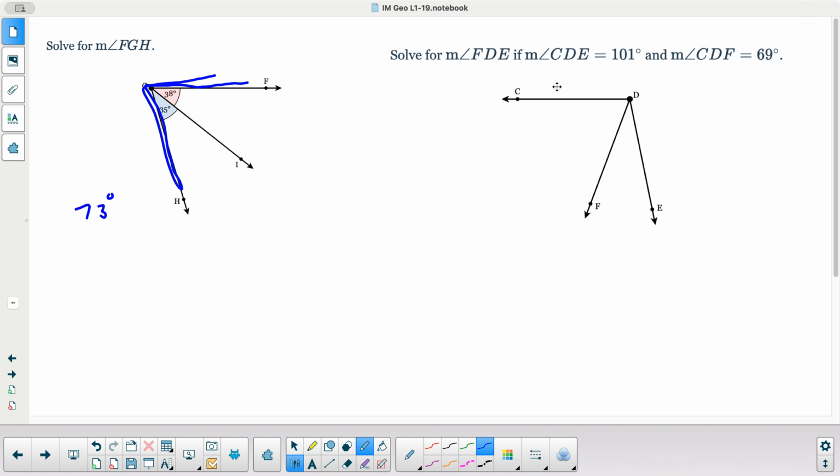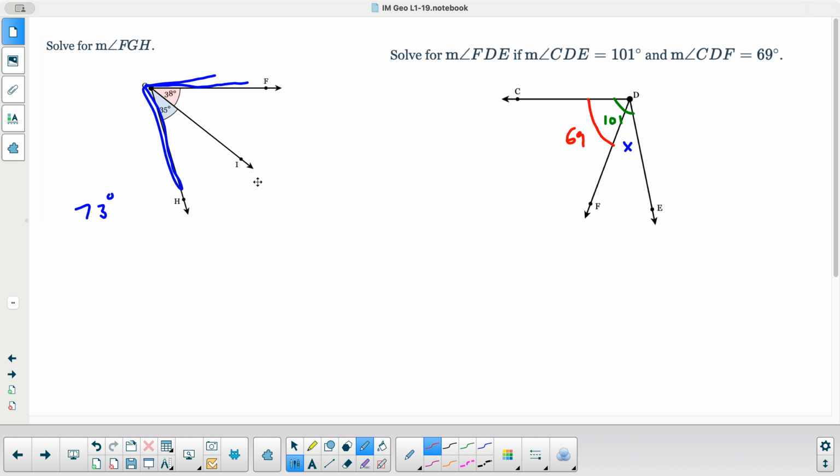And then come over here, the measure of angle FDE is what we want. I'm going to put a little X in here. We know the measure of angle CDF and CDE. CDE is this whole angle, and it's 101. And then CDF is this angle right here, that's 69.